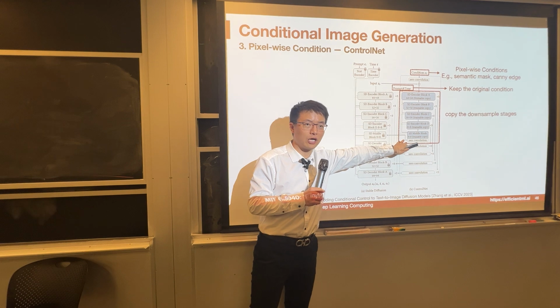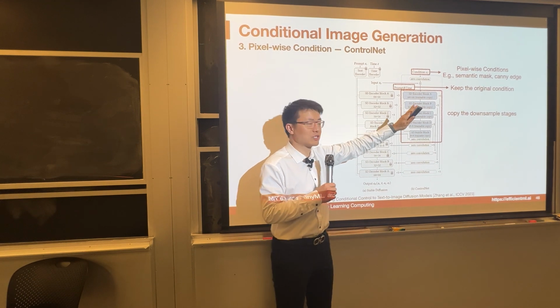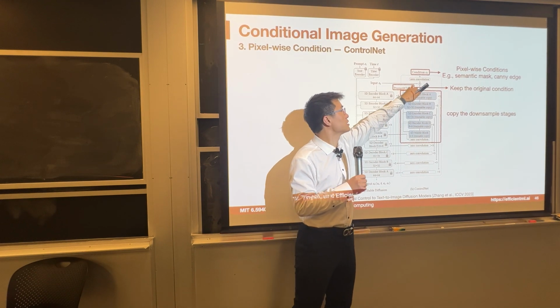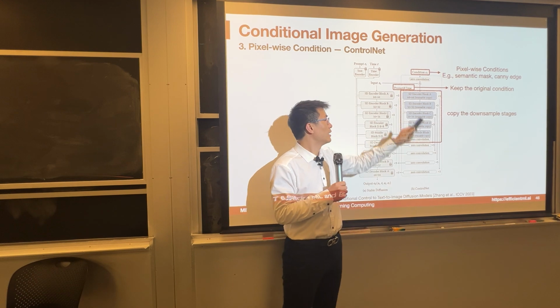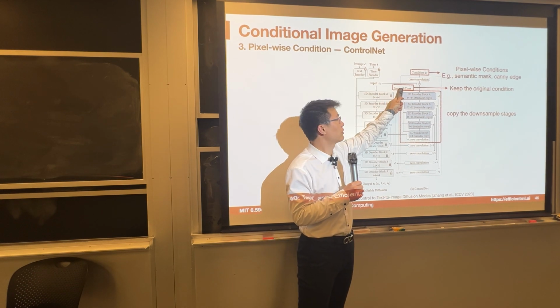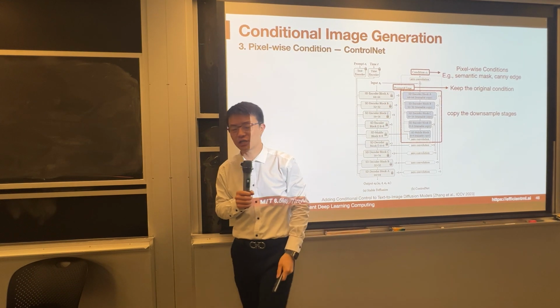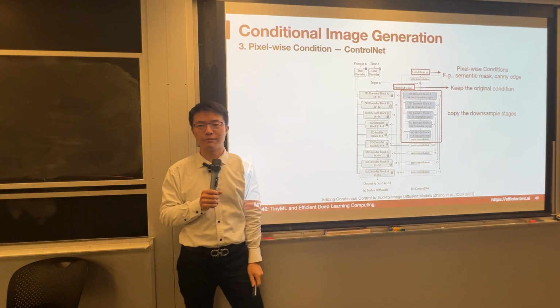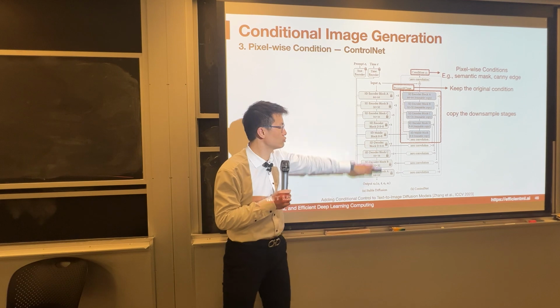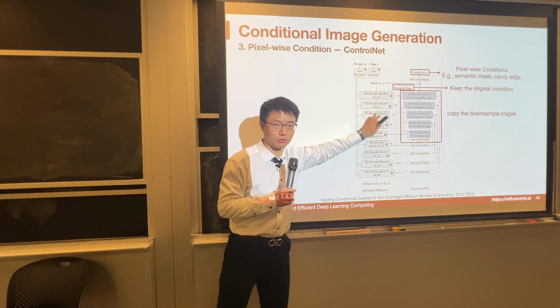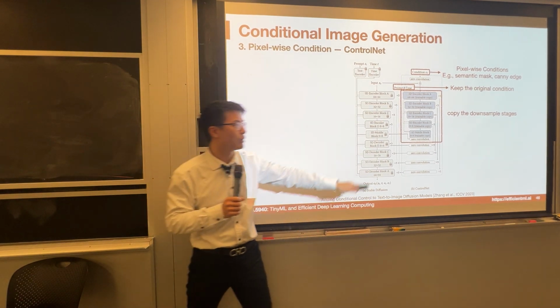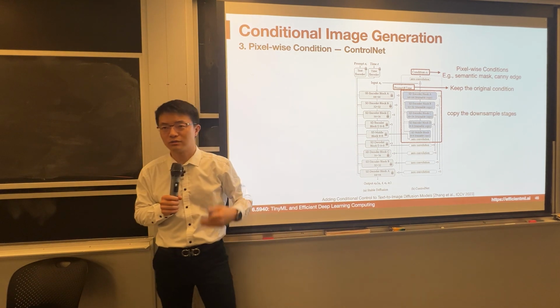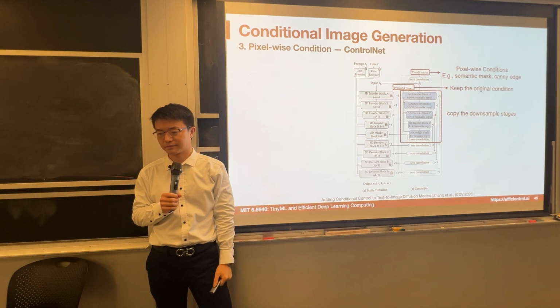Copy another branch, initialize with zero, feed it combined with cross attention with the original text prompt, and feed it back to the original main branch. Throughout the training, the main branch is fixed. You don't touch the main branch, but only this side branch to inject the condition.